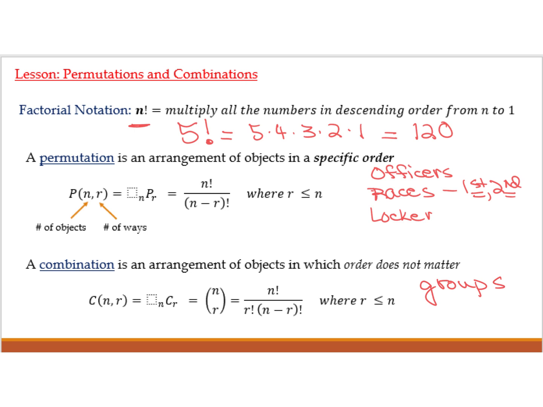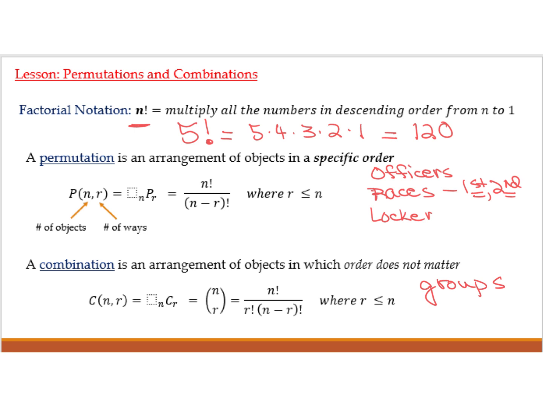Okay, there are formulas for permutation and combination that you are going to be able to find on the formula sheet. And the formula for a permutation is n factorial divided by n minus r factorial, where n is the total number of objects and r is the number of ways.